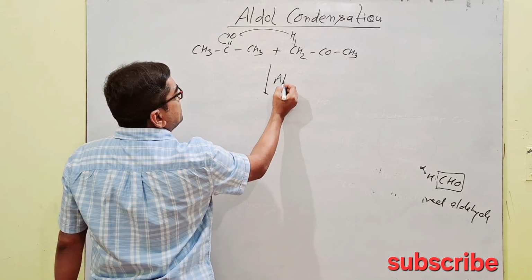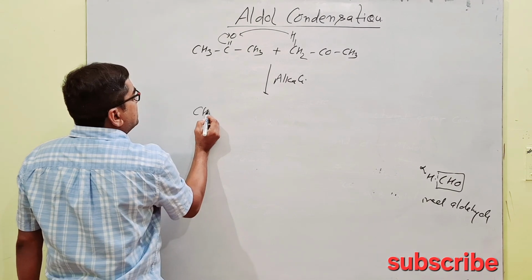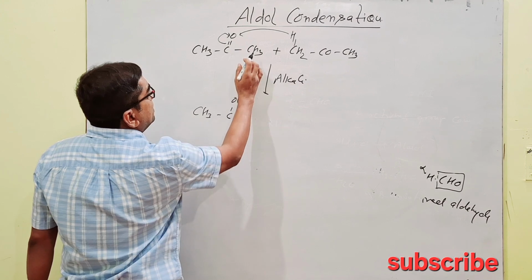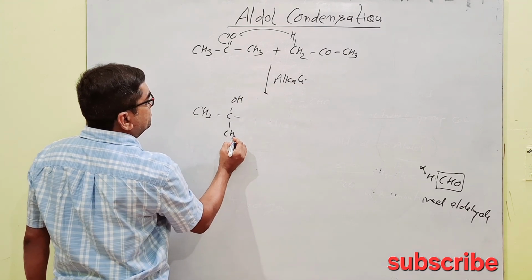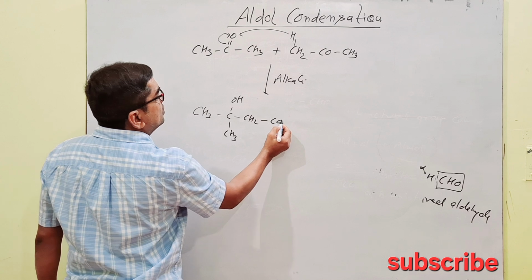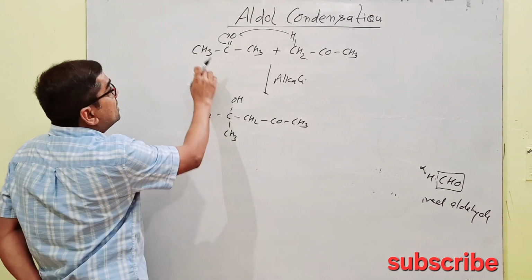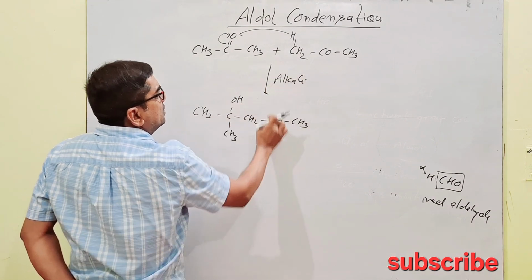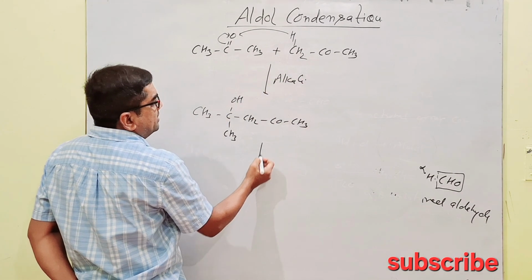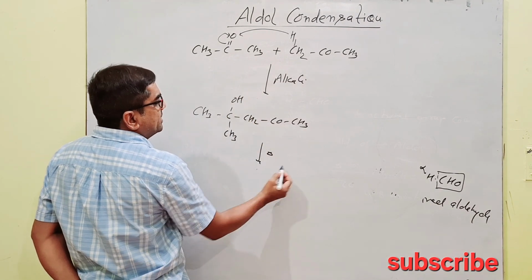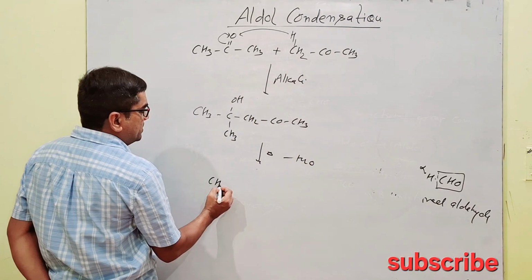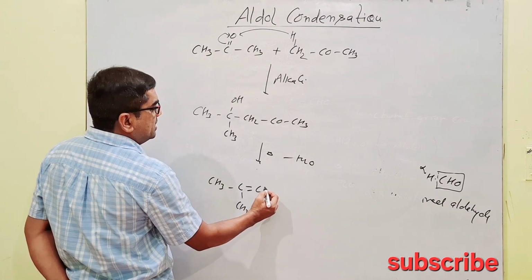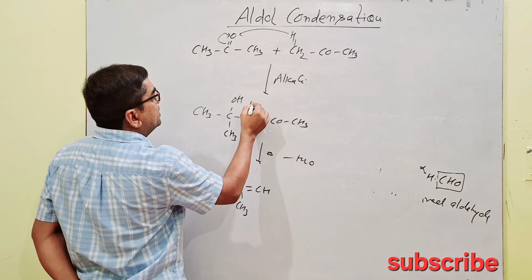Now the product in presence of alkali, in the same pattern, is CH3 C(OH)(CH3) CH2COCH3. When heated, OH and H are eliminated as water, forming (CH3)2C=CHCOCH3, because hydrogen is eliminated from here.